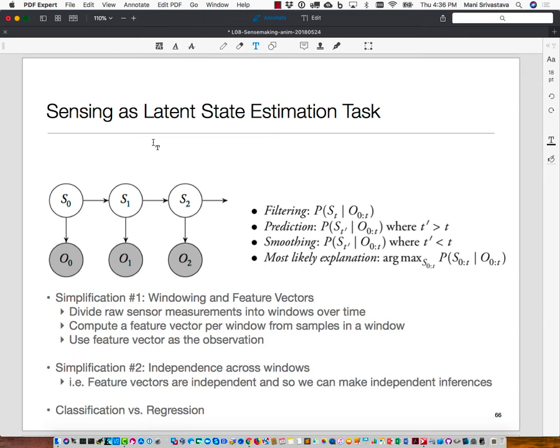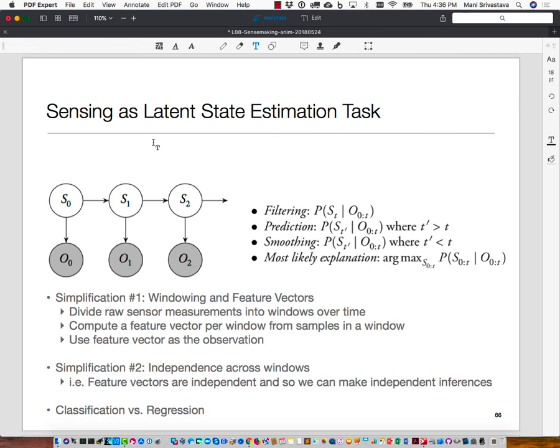Now, there are many simplifications that we do in this process. Simplification number one is we do windowing. While it is true that time is continuous and therefore the state is changing continuously in time, we divide things into chunks in time. So we pick something, like I said, 20 milliseconds or some appropriate window, and we divide the raw sensor measurements into windows over time.